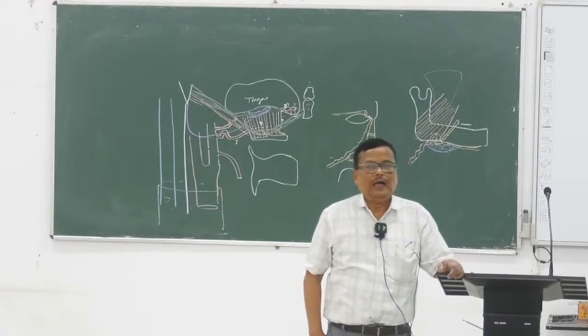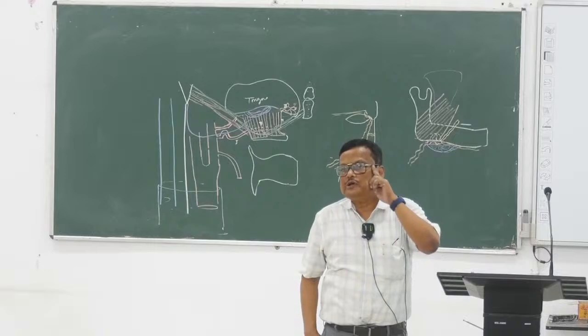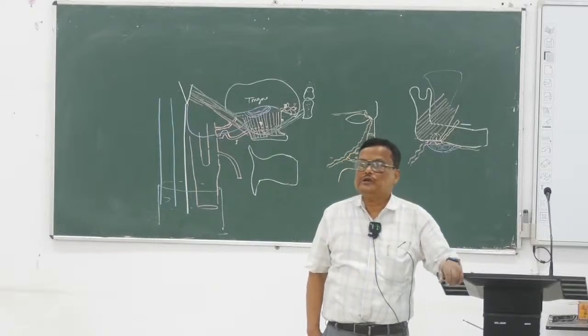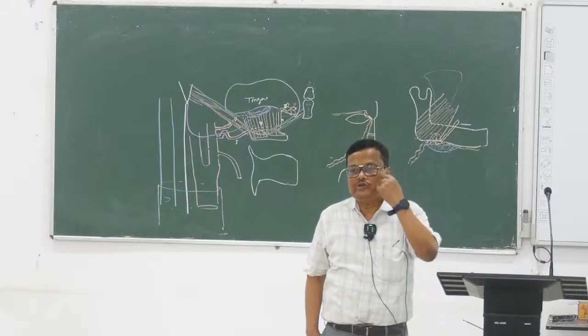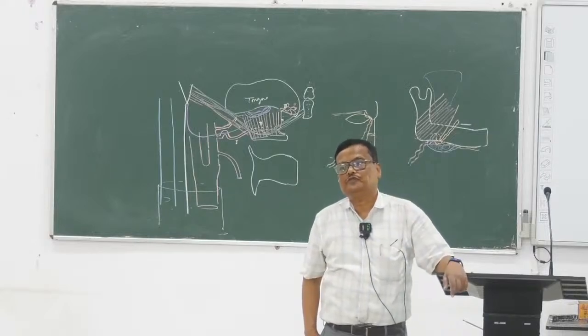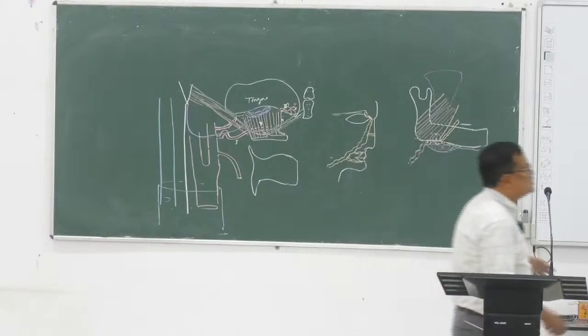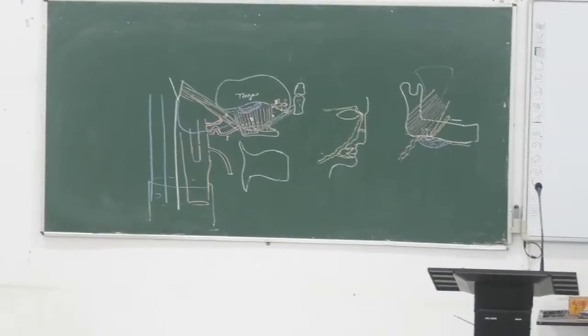The superficial temporal and maxillary arteries. The superficial temporal artery is right here, and it also gives a facial branch known as the transverse facial artery. That's finished, you don't need to read more. So this is all about the anterior triangle.